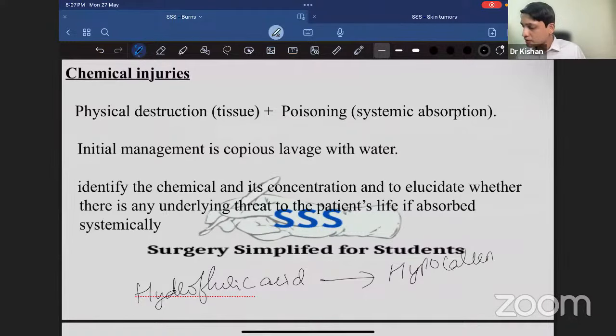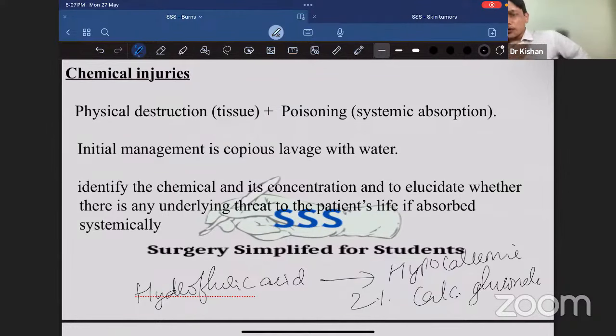The immediate treatment is 2% calcium gluconate, in the form of a gel you can apply. So for hydrofluoric acid, the treatment is calcium gluconate. Remember that much.